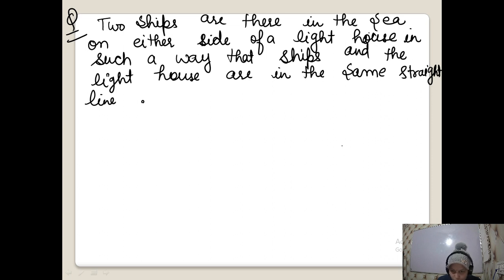You can draw this diagram like this. This is a straight line, and on one side is one ship, and on the other side is another ship.